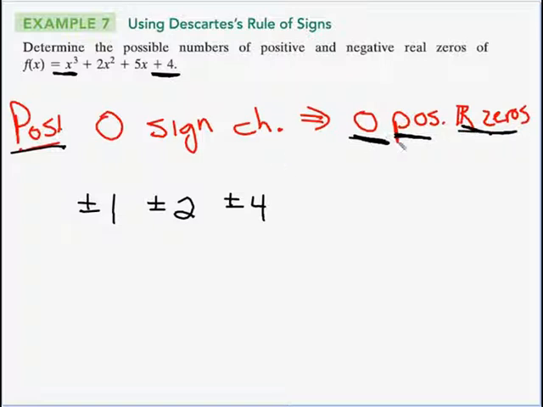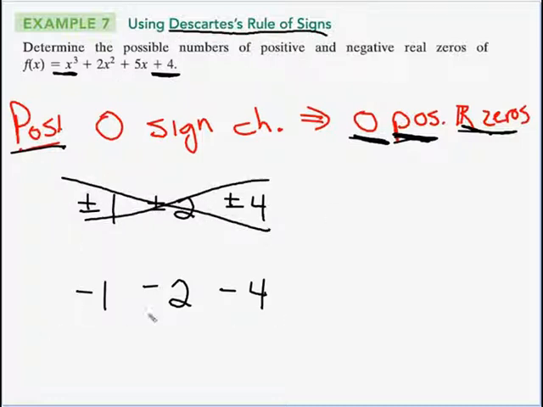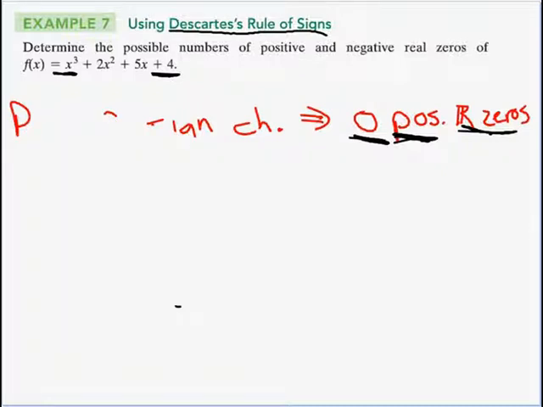There's not a chance of any positive real zeros. So we can eliminate all these positive roots. If I'm going to start guessing and checking with synthetic division, using Descartes' rule of signs, we can throw out the positive roots. Here we know it's going to be possibly one of these negative roots. So we could save ourselves a bunch of time by eliminating some bad paths to take that we might otherwise try.